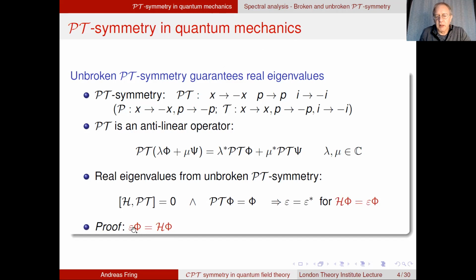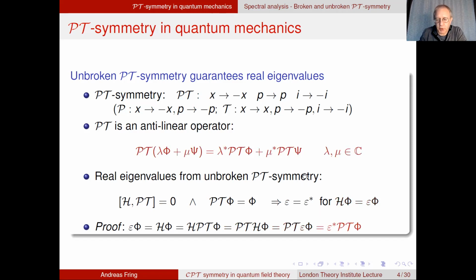And the proof is very simple, it is one line, so I can show it to you. Just starting from the time-independent Schrödinger equation, I'm using the fact that PT phi is phi. There could be a phase, but I dropped this for simplicity here. I'm replacing phi by PT phi. Next, I use the fact that PT and H commute, so I can bring PT on the left-hand side of H. Now I'm using the time-independent Schrödinger equation and replace H phi by just epsilon phi.